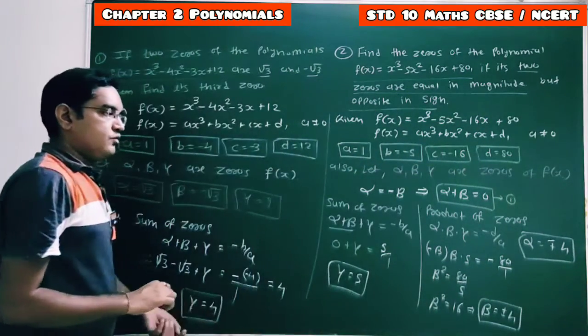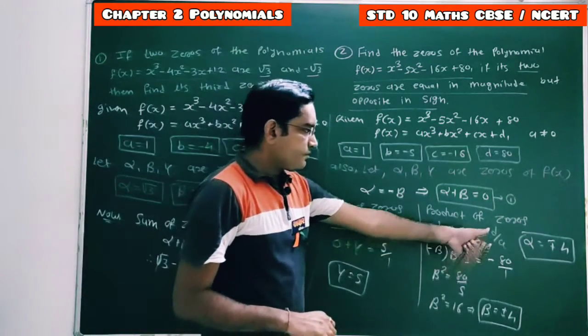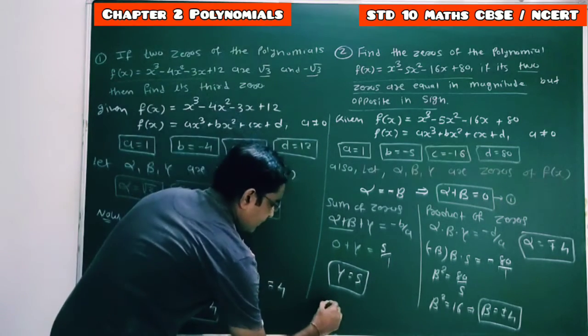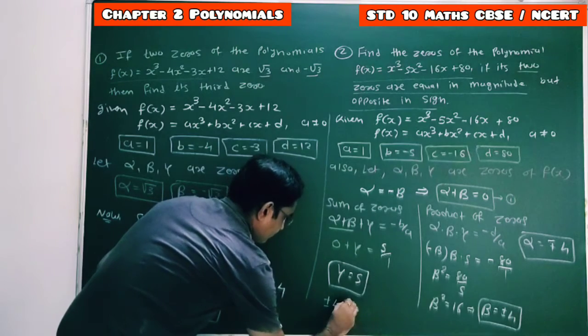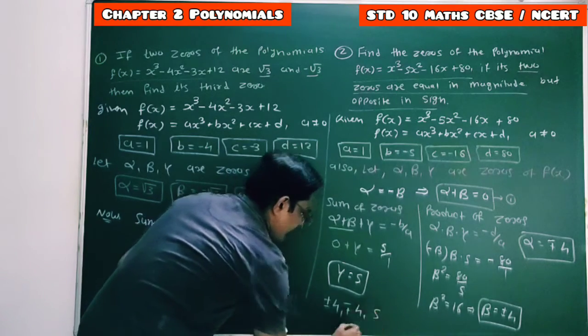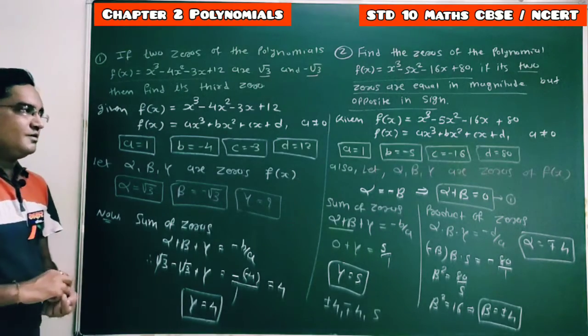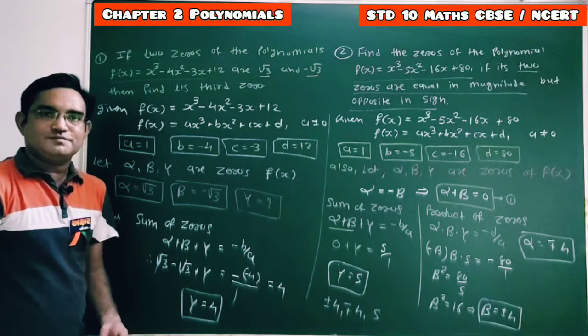If alpha is plus 4, beta is minus 4, gamma is 5. If alpha is minus 4, beta is plus 4, gamma will be 5. So our answer is plus or minus 4, minus or plus 4 and 5. These are the values of the 3 zeros of this cubic polynomial. Clear, students? So pause this video and note it down.